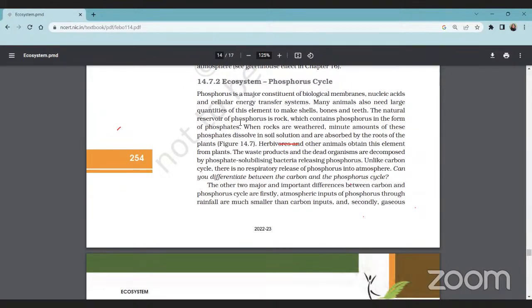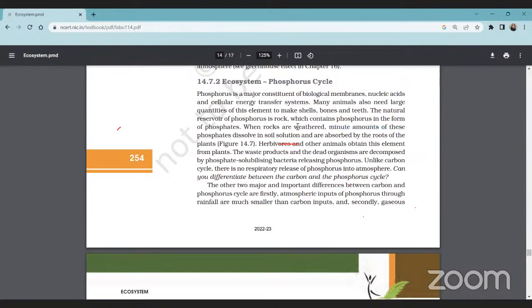The natural reservoir of phosphorus is rock, which contains phosphorus in the form of phosphates. When rocks are weathered, meaning they are fragmented into small pieces, minute amounts of these phosphates dissolve in soil solution and are absorbed by the roots of the plants.